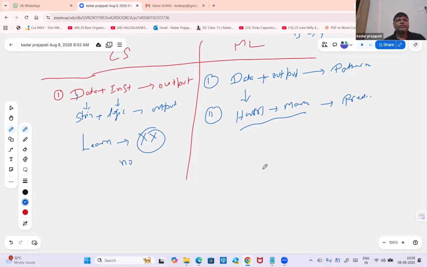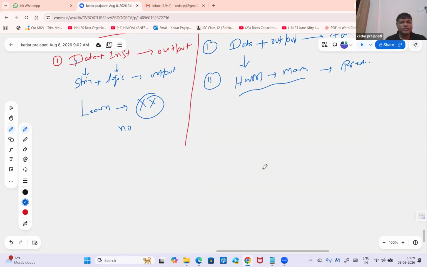So what is the difference between AI and ML? Now, so far we have reached here. Think about that big thing, right?